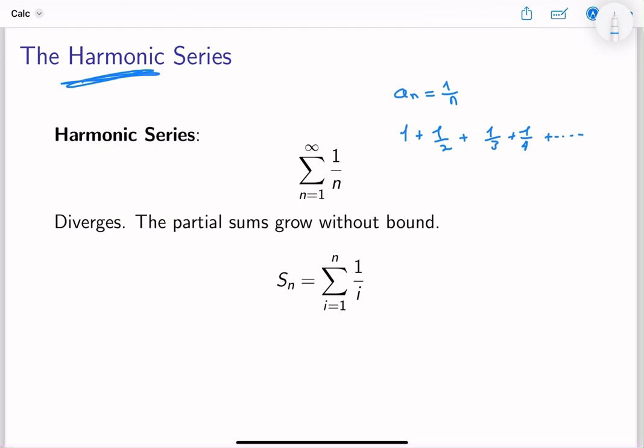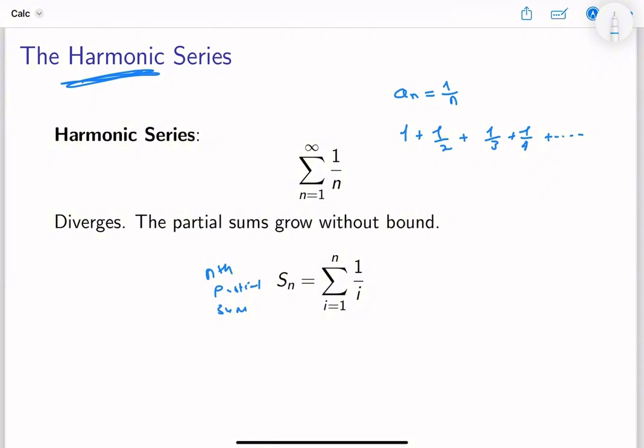What's the nth partial sum of that series? Here's the nth partial sum. And as you will see in the coming video, this is a natural example, something that you should immediately think of when you're asked to give an example of an infinite series that is divergent.